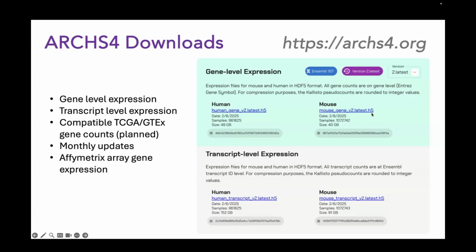This gets overwritten once a month, and once in a while we'll have a new version. When that happens, we have that below as a separate option. You can choose the version, so then you can fall back to a stable version. If you are worried that these files change, then just download a numbered version rather than the latest, and that should be available for a long time.